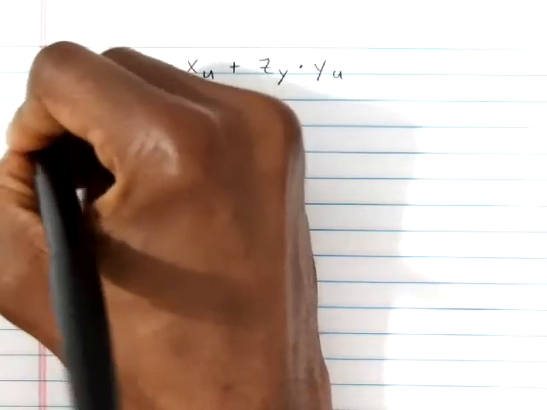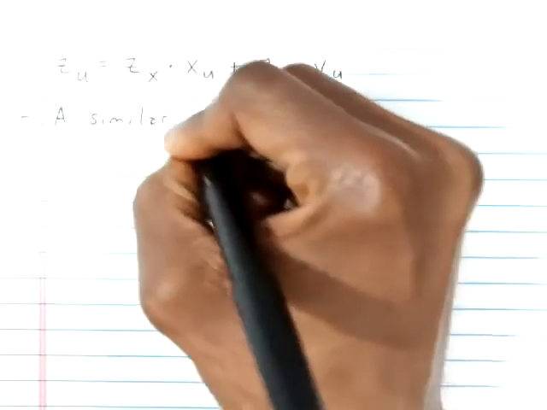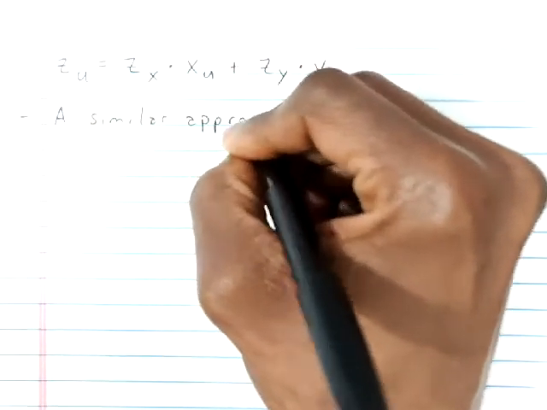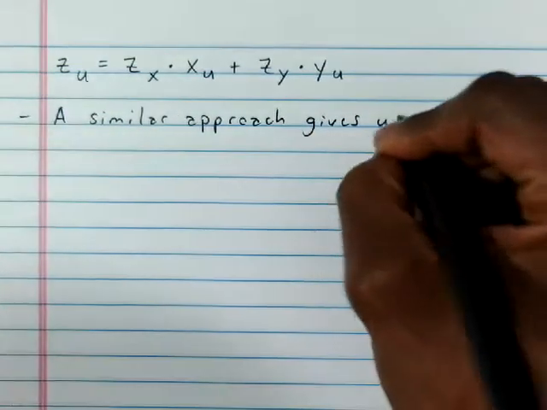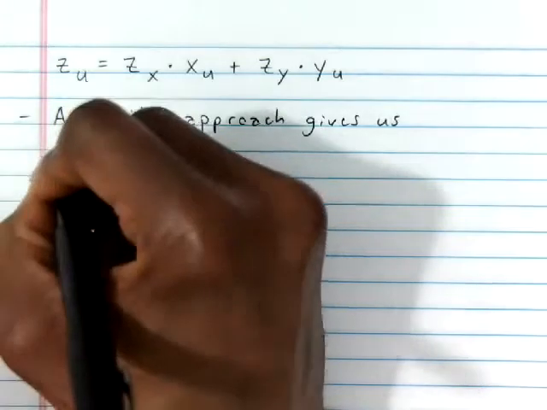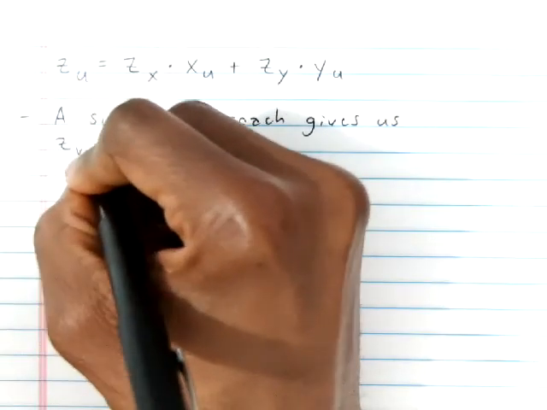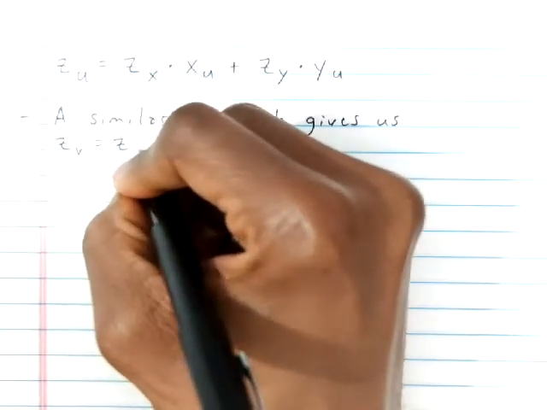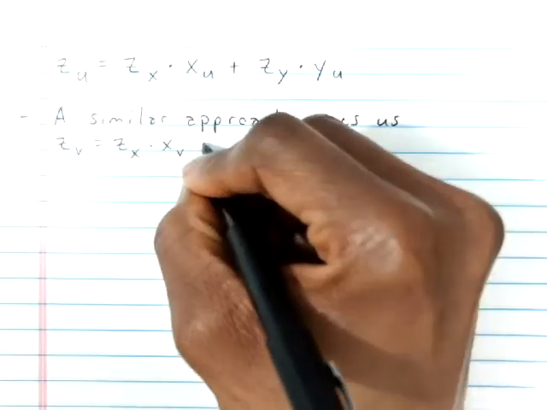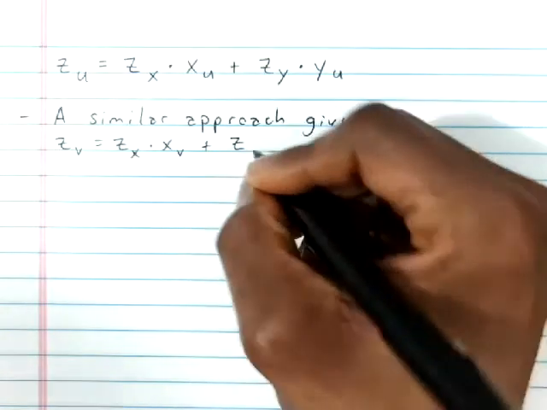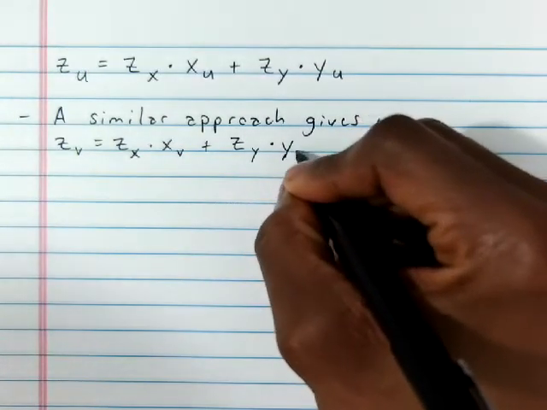So a similar approach gives us the partial of z with respect to v equals the partial of z with respect to x times the partial of x with respect to v plus the partial of z with respect to y times the partial of y with respect to v.